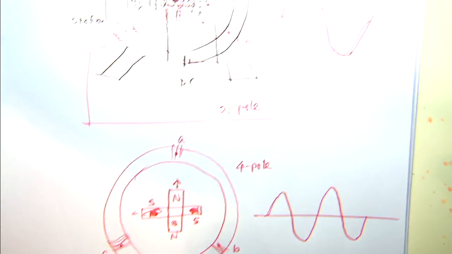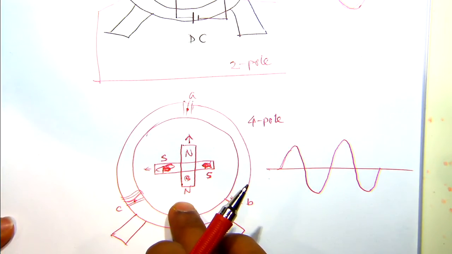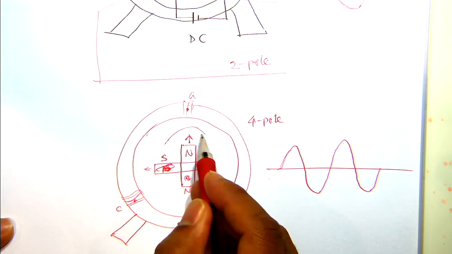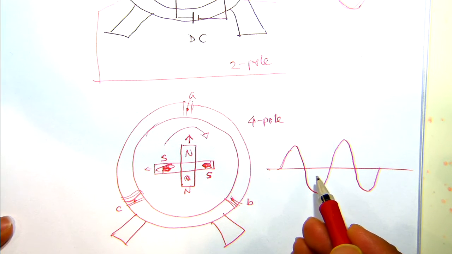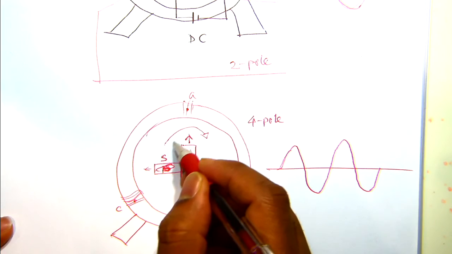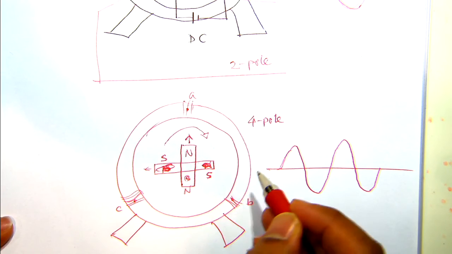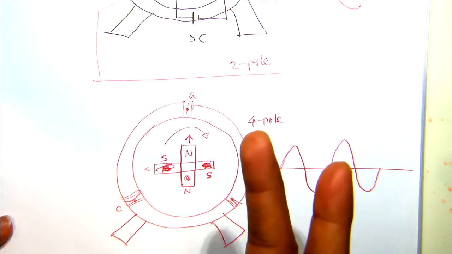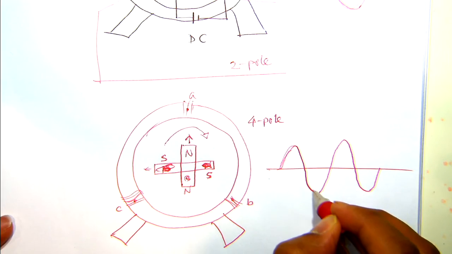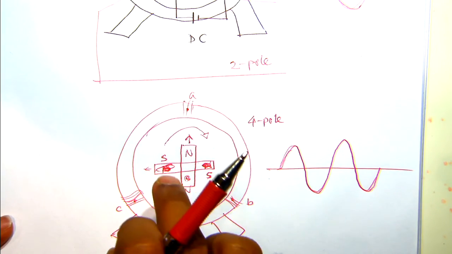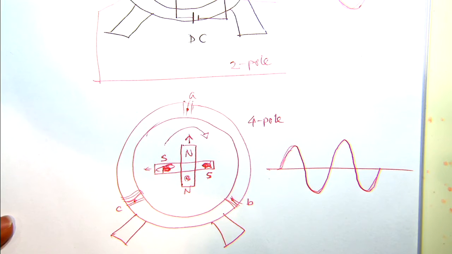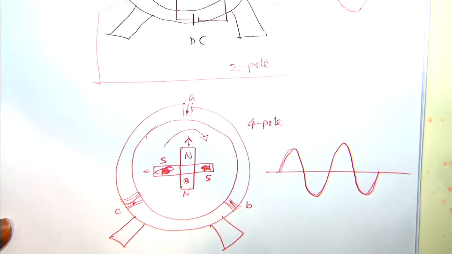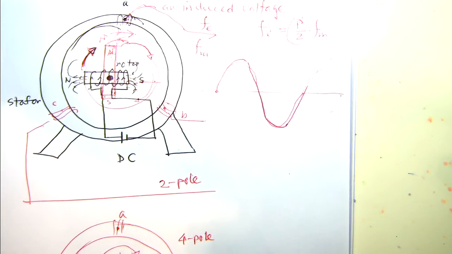If a 2-pole machine and a 4-pole machine are rotating at the same speed, your generated frequency will double, because in the time your north pole and south pole pass this one, they pass twice. The generated frequency is dependent upon the number of poles and the speed of the machine. A bit confused? It's fine. Let's do a little bit more here.